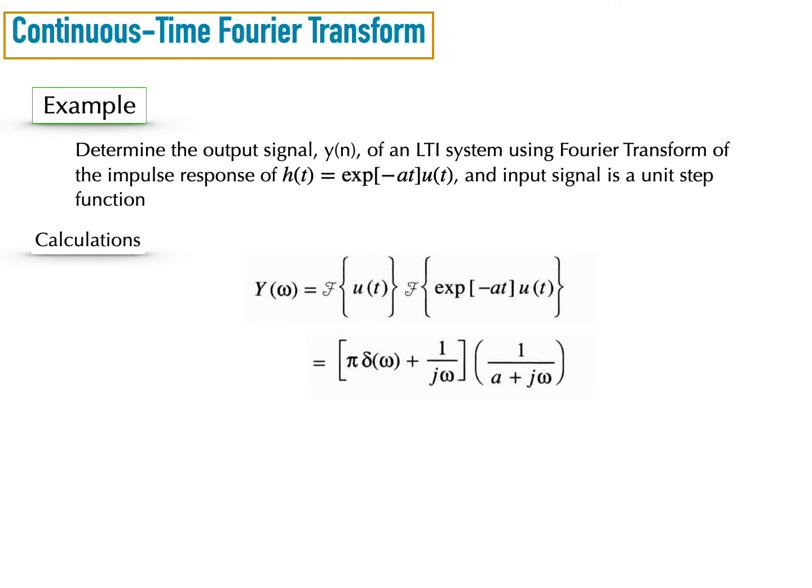The Fourier transform of the unit step function is pi delta omega plus 1 over j omega, and the Fourier transformation of e^(-αt) u(t), the one-sided exponential function, is 1 over alpha plus j omega.